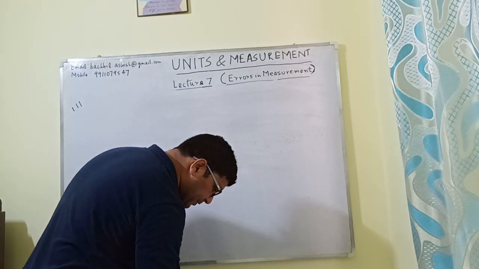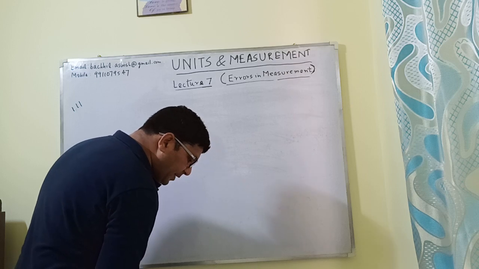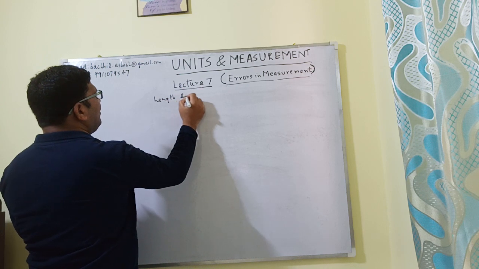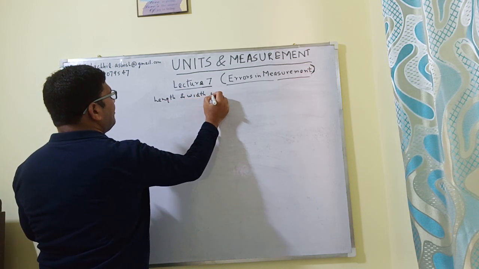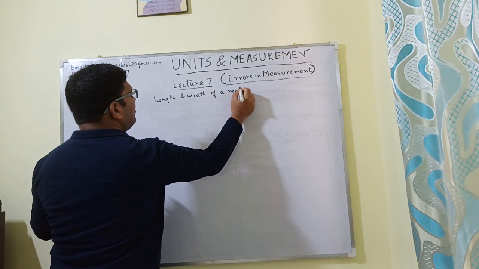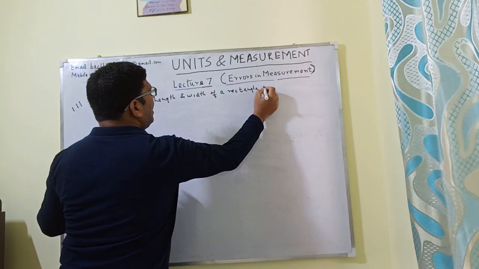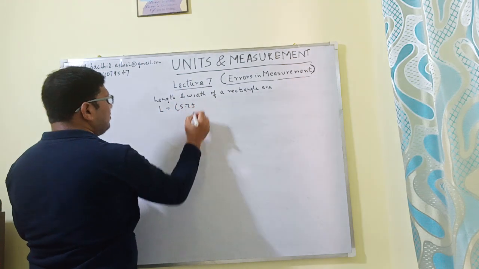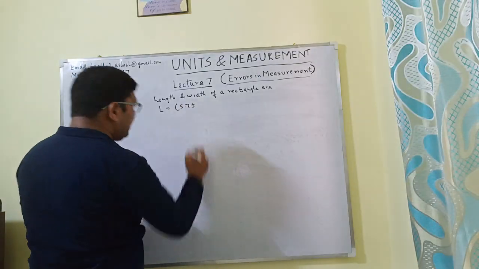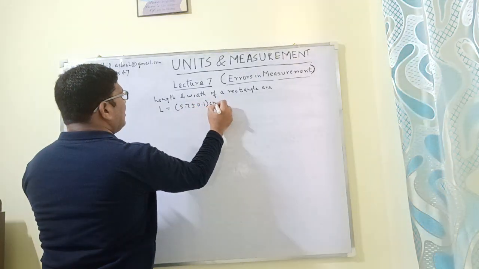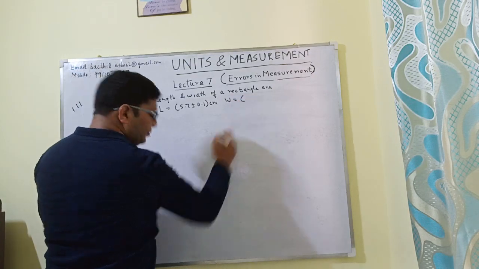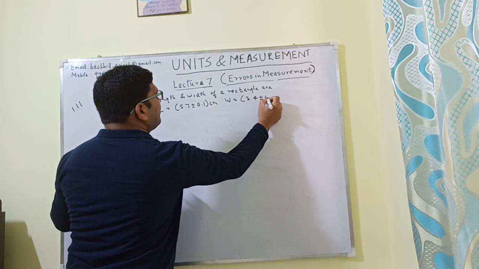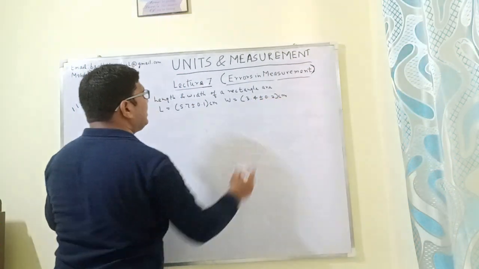Now let's move on to the third question. The length and width of a rectangle are: length L is equal to 5.7 plus minus 0.1 centimeter, and the width is equal to 3.4 plus minus centimeter.